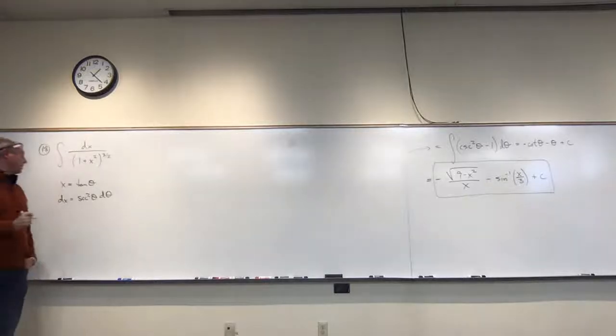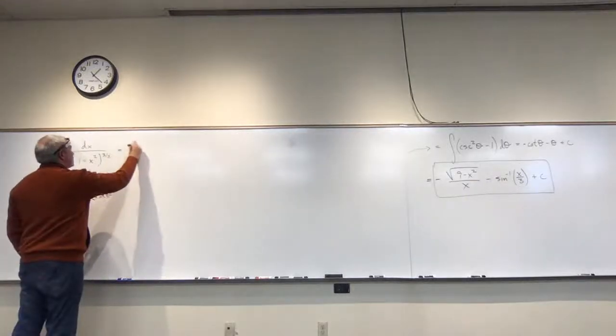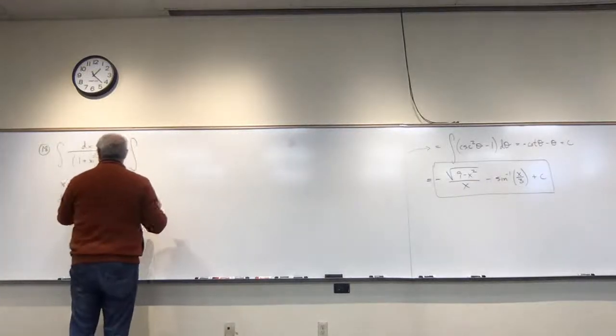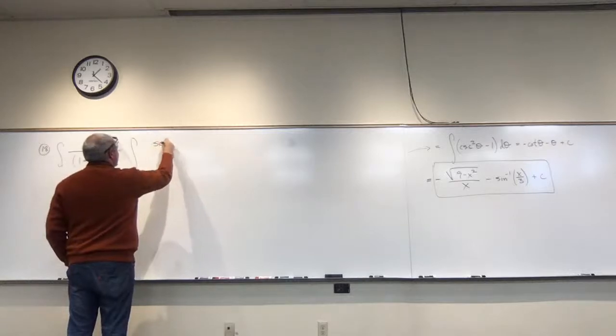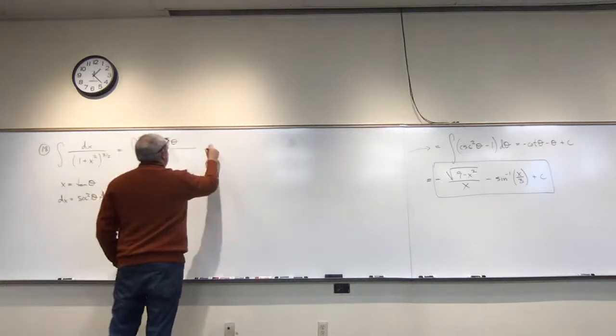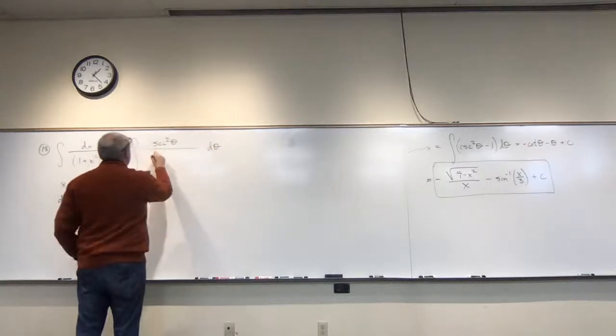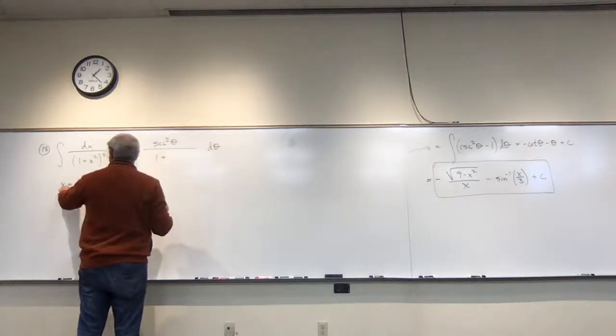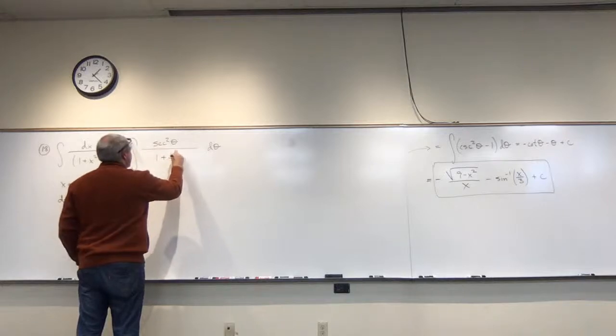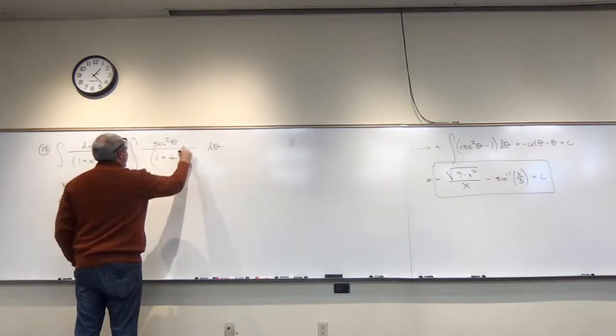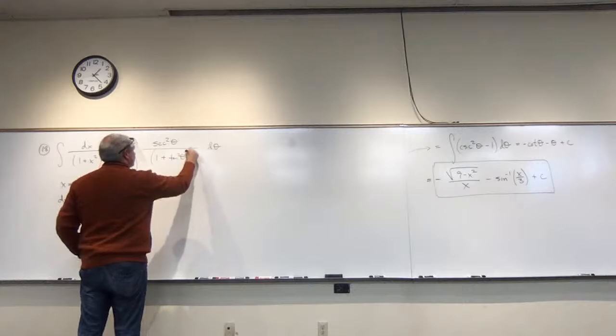Now we're ready to make a substitution. This is the integral. The dx is on top, so I get secant squared theta d theta on top. On the bottom, I get 1 plus x squared, which is 1 plus tan squared theta, all of that raised to the 3 over 2.